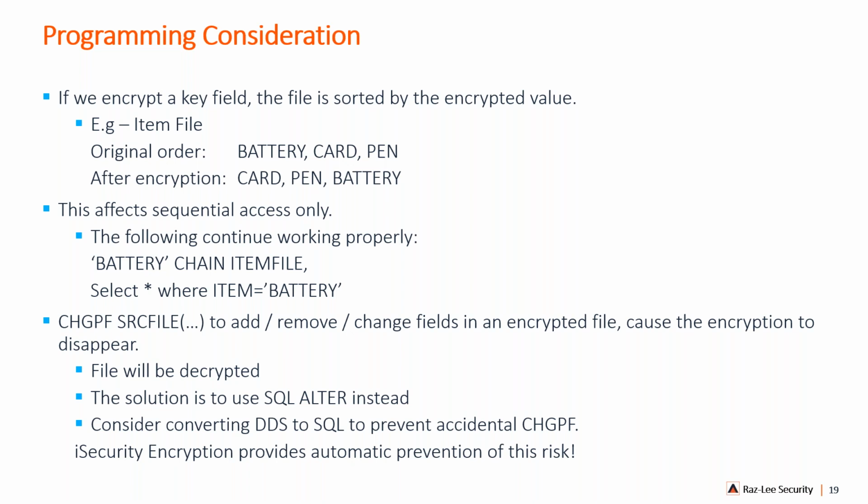Well, you have to think about situations in which you sort data. When the data is stored in a file which is sorted, and we have encrypted its key field, the order is based on the encrypted value representation, which means nothing.